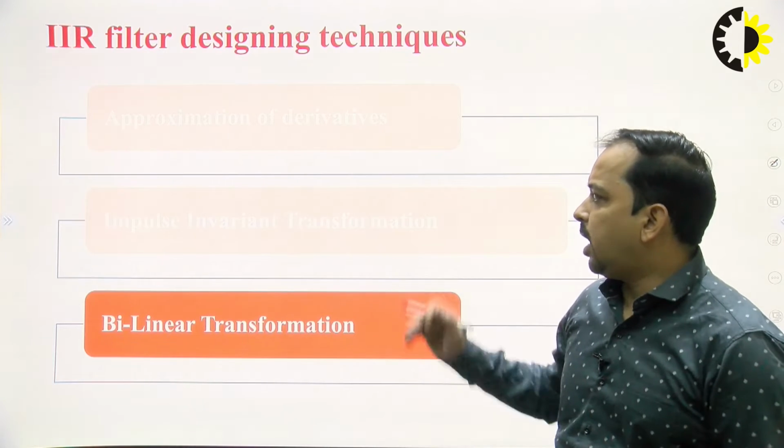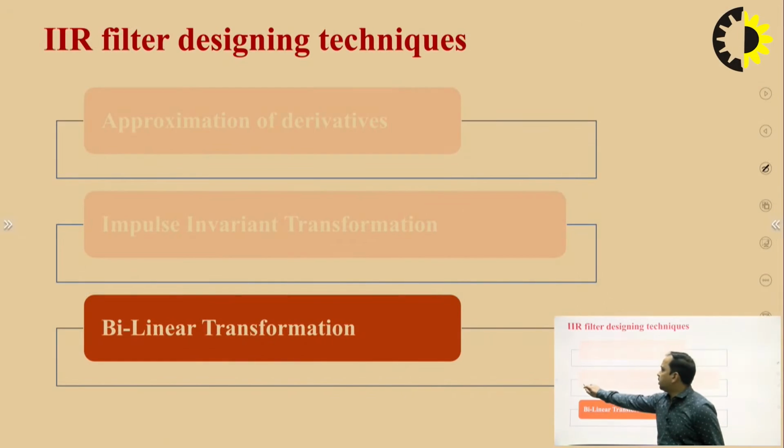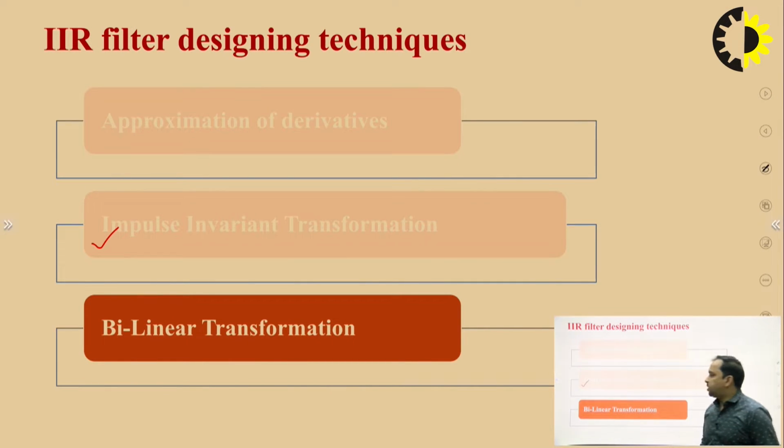For the impulse invariance transformation, what we observed is that the mapping was many to one. It means many frequencies in the analog domain were mapped into the same frequency range in the digital domain, which is minus pi to pi.